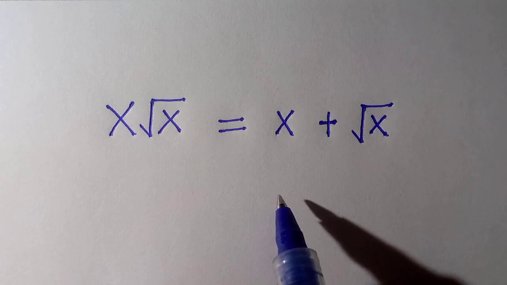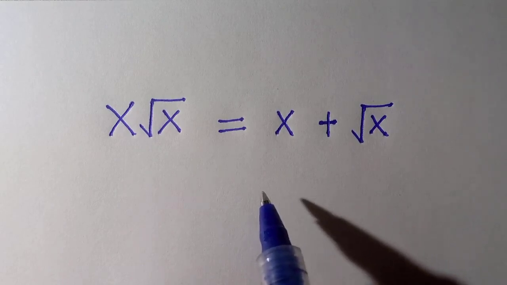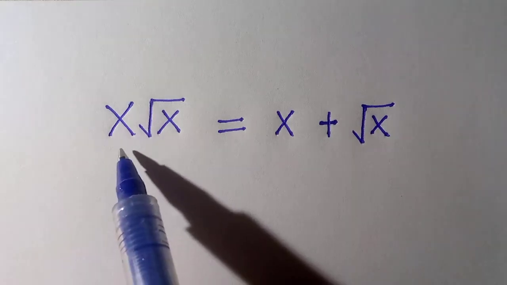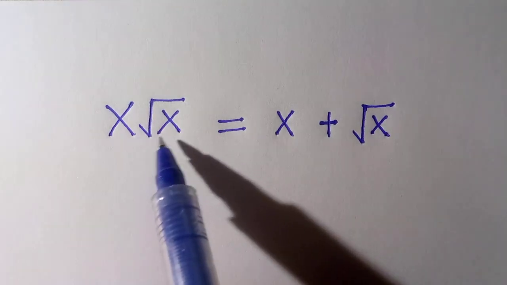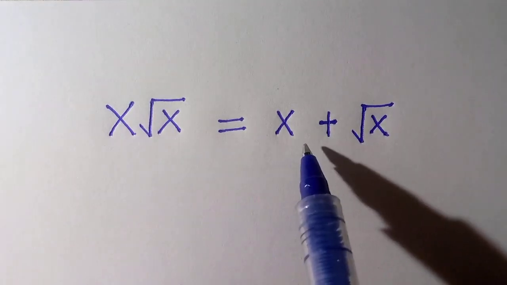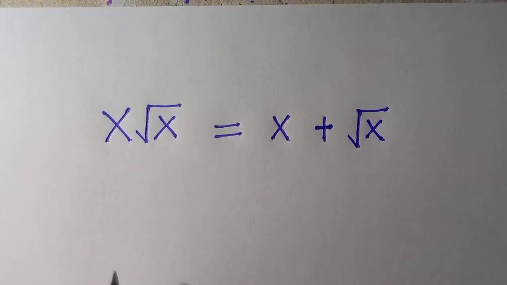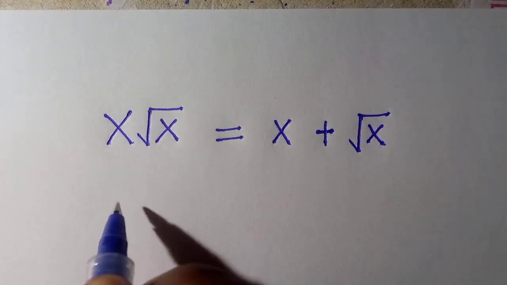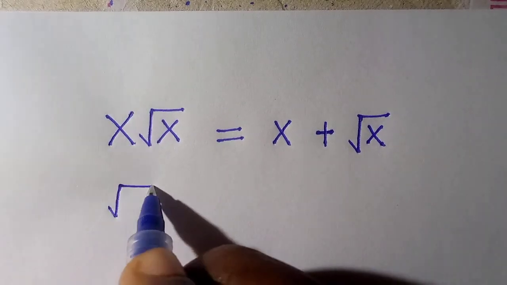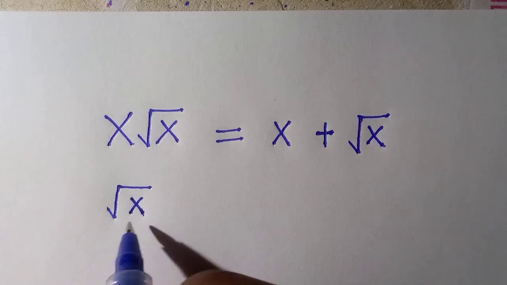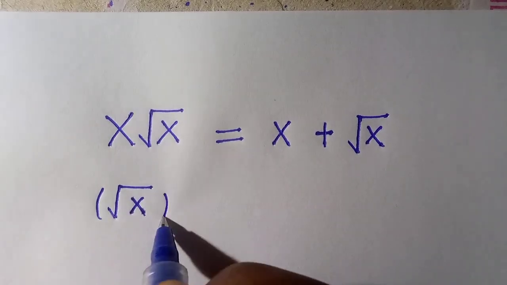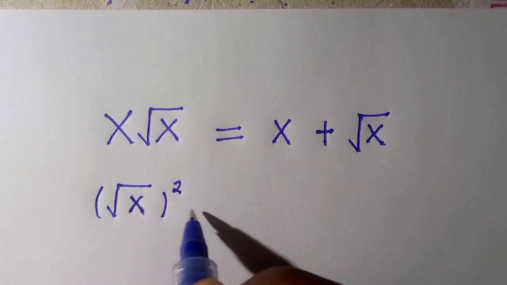How to solve these radical algebraic equations given that x root x equals x plus root x. So to solve this, we have x here, which we can write as square root of x raised to power of 2.